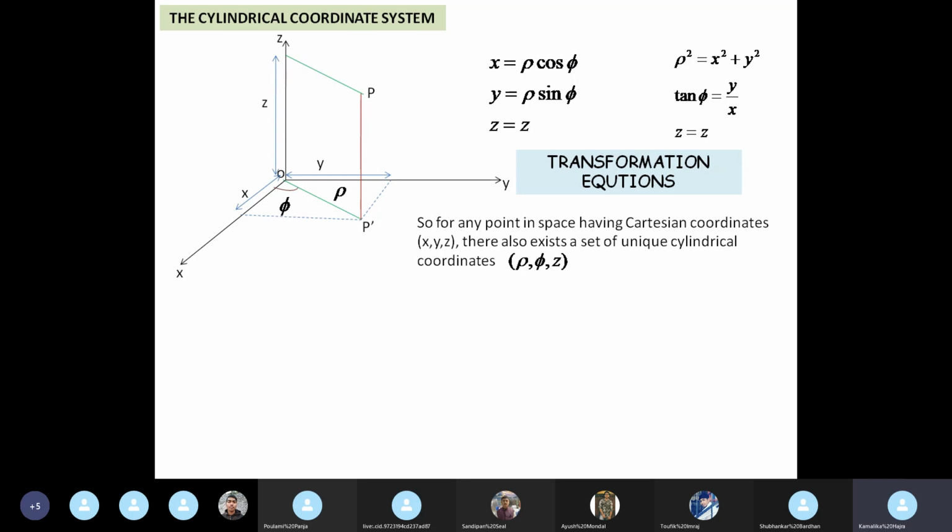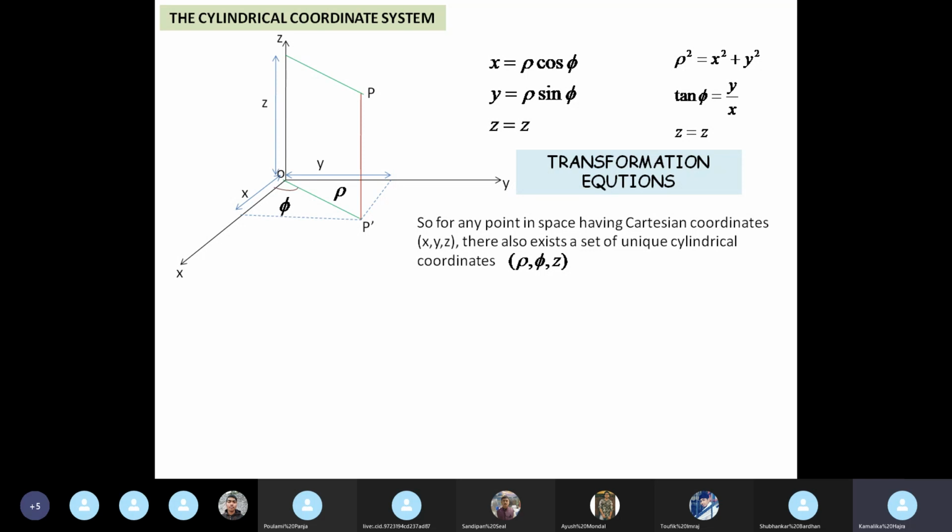Okay, that was our first criteria when we defined curvilinear coordinates, that if x, y, z can be expressed as functions of u1, u2, u3, and u1, u2, u3 can be expressed as functions of x, y, z, and if this set of transformation equations is single valued, continuous, has continuous derivatives, and unique for a given point, then they form a set of curvilinear coordinates.